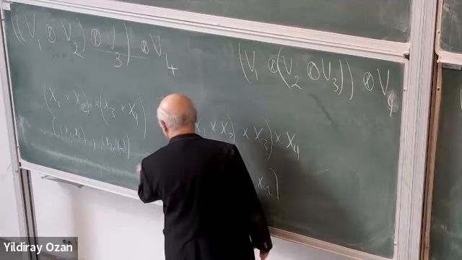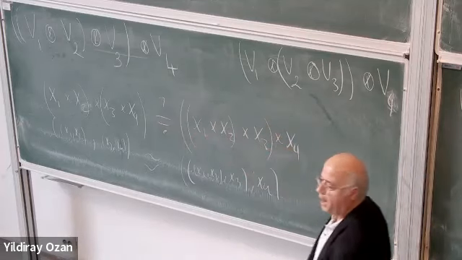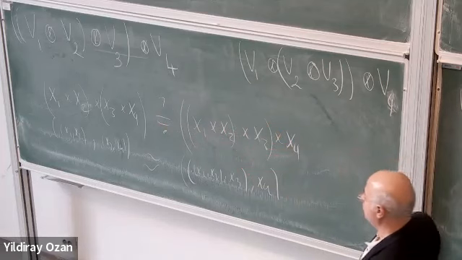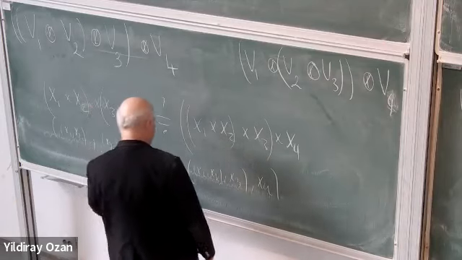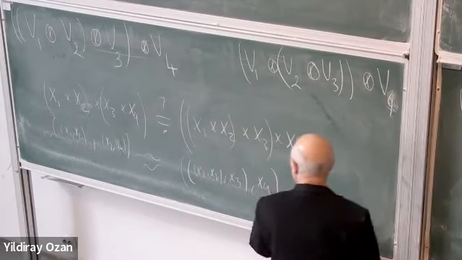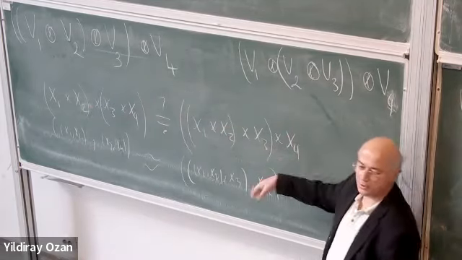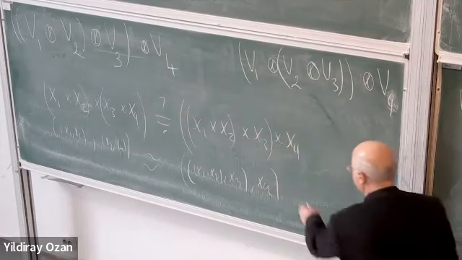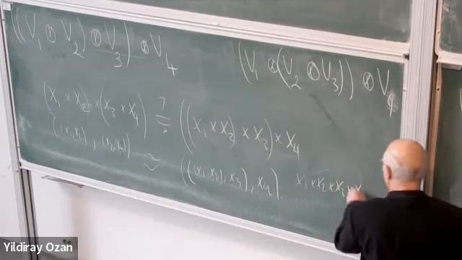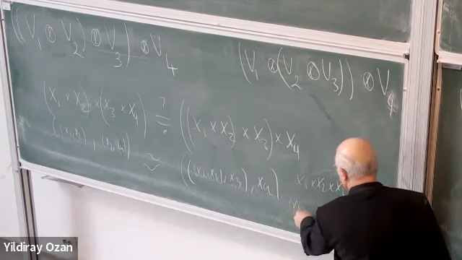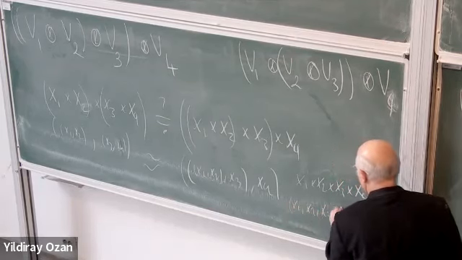We just regard them as the same. And actually what we do, instead of writing like this or like this, is we just forget about the parentheses and write this as x1, x2, x3, x4, and write this as a formula.